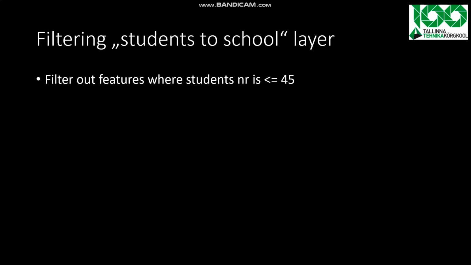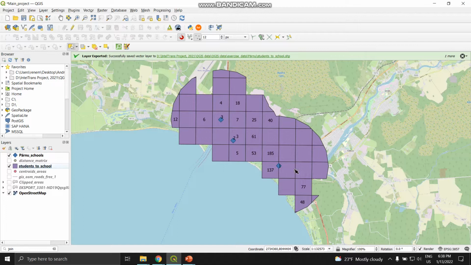First we have to filter the students to school layer, and we have to filter those features where students number is less than or equal to 45. So let's go to QGIS.